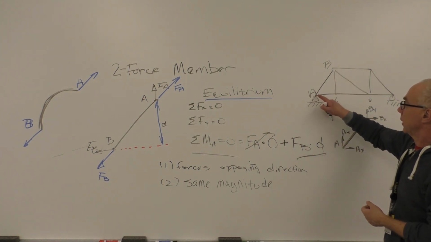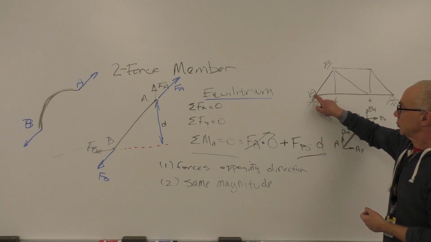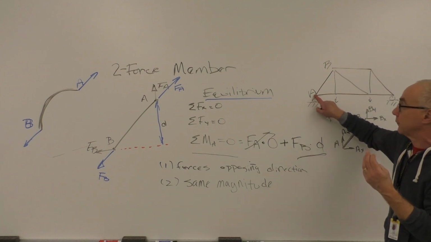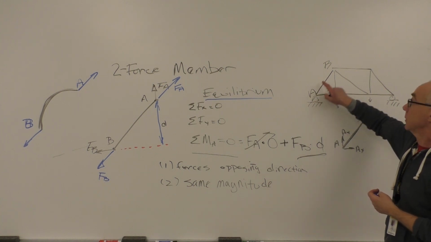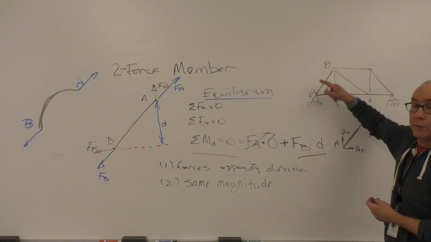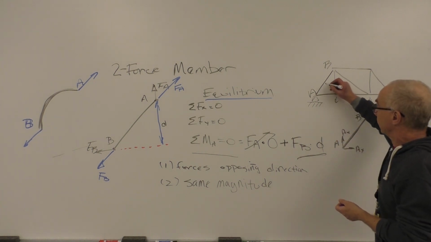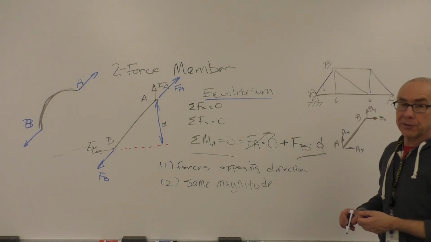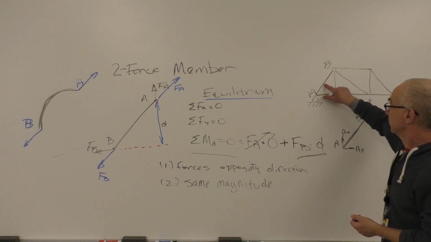Same here. We have a force caused by that member, we have the support reaction, but essentially we have only a single resultant force at that end. So we have a single resultant force at the A end, a single resultant force at the B end. That makes this a two-force member. The only way it would not be a two-force member is if we were to apply a force in the middle, and that would make it a three-force member, which is an entirely different animal.